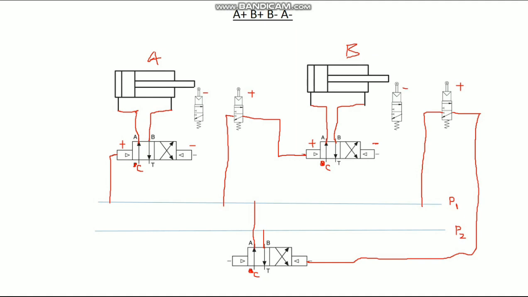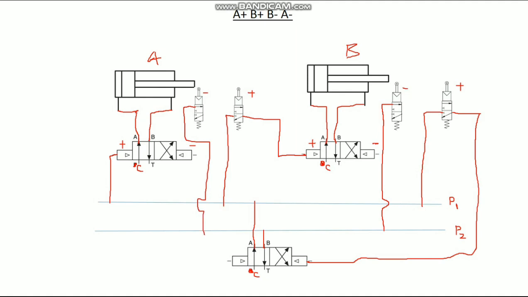Then, same as the first group, second group operations also must be given as direct connections. That is B minus. This is the B minus limit switch, so direct connection from pressure line 2. Then A minus, direct connection from pressure line 2.